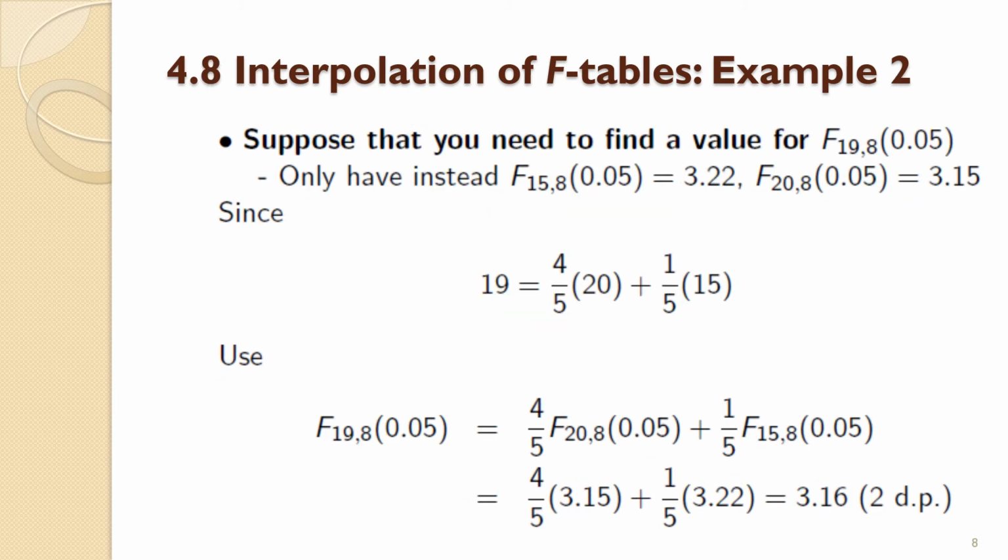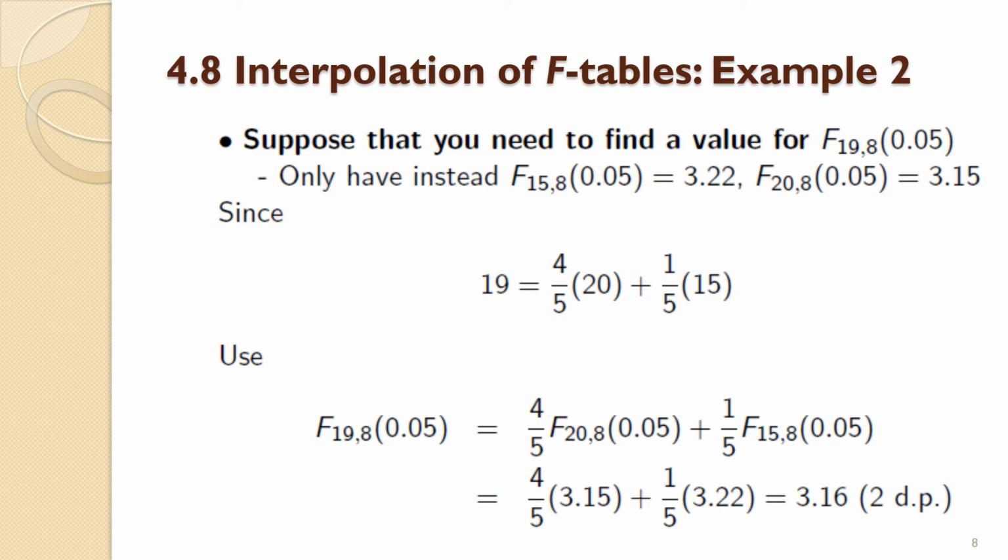So there's a second example for interpolating F tables here. Suppose that you were asked to find a value for F19.8 and you only had F15.8 and F28. Same basic idea. You know that F19.8 is going to be somewhere in the middle between F15.8 and F8.